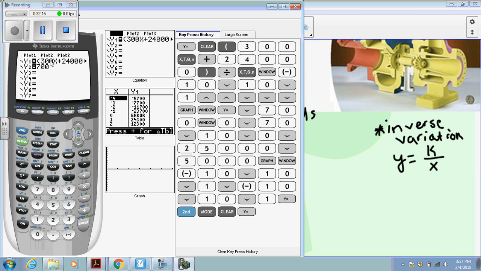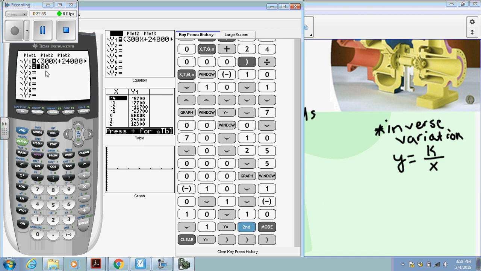So it's going to be 300x plus 24,000. Now notice, because we're dividing, I put parentheses around my 300x plus 24,000. If you do not do this, or make it into a fraction, you're going to get the wrong graph. And then I have to divide it by x, because remember, that's our m. And then my y2 is basically 700.